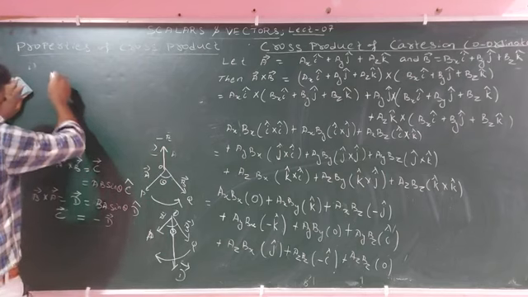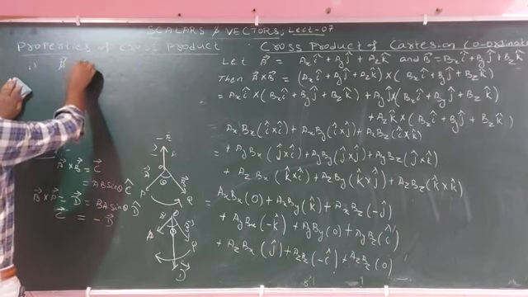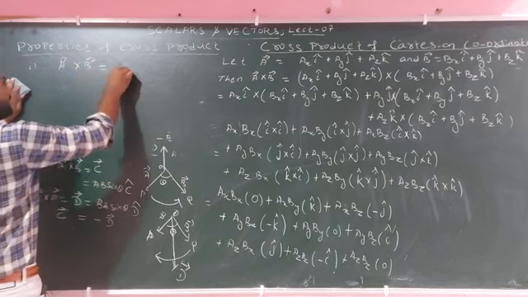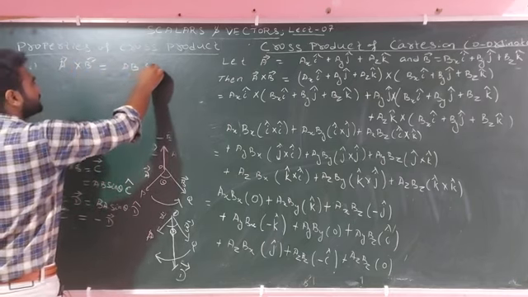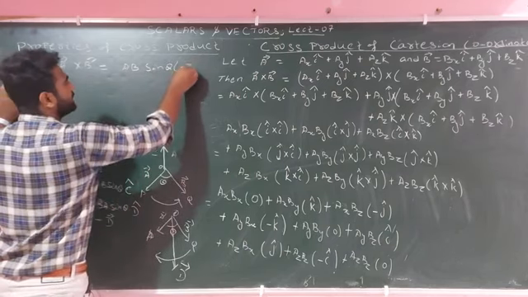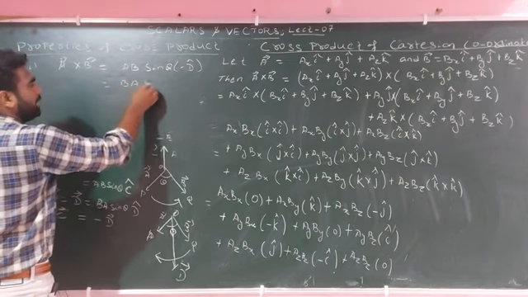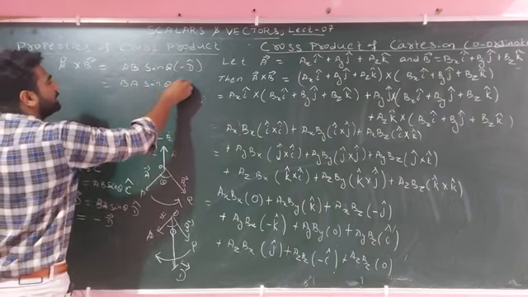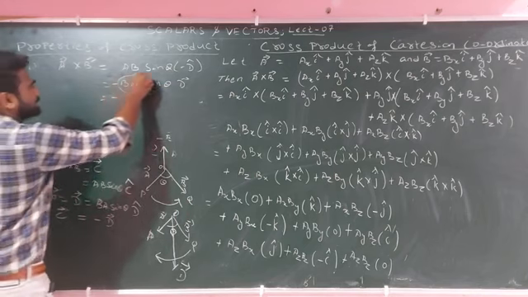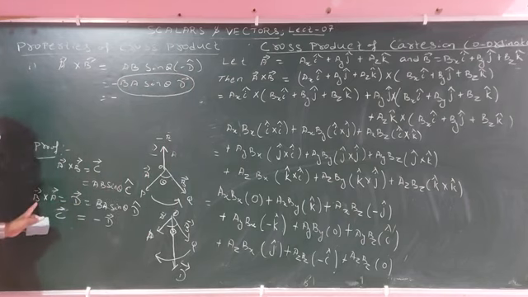Since C cap becomes minus D cap, A cross B equals minus BA sin theta D cap, which is minus B cross A.